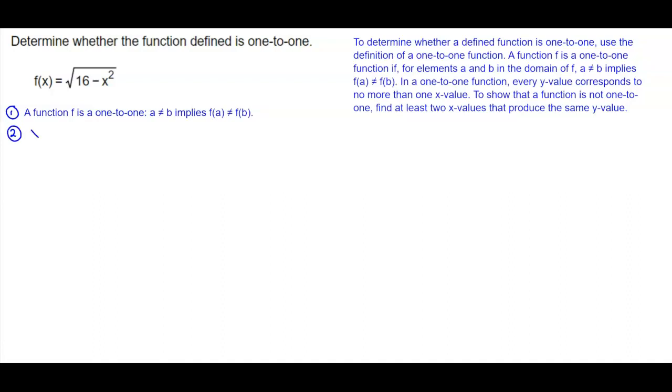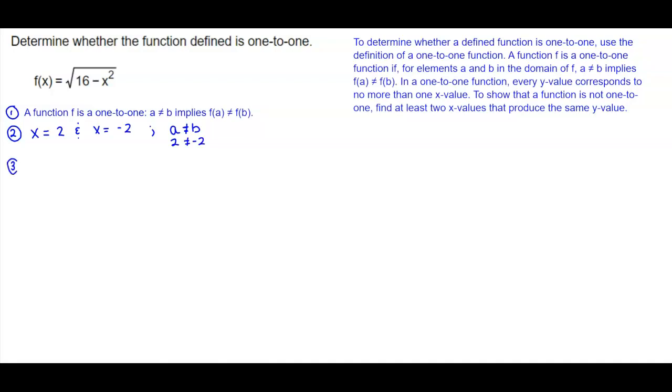We're going to let x equal 2 and x equal negative 2. So what that means is we're starting out with the fact that a does not equal b, meaning that we have 2 does not equal negative 2. So now let's plug it into our function.